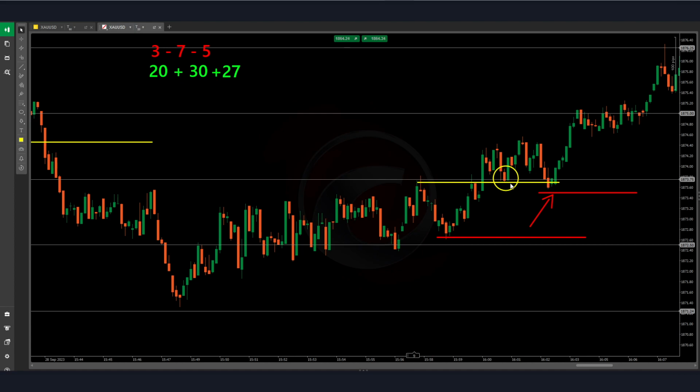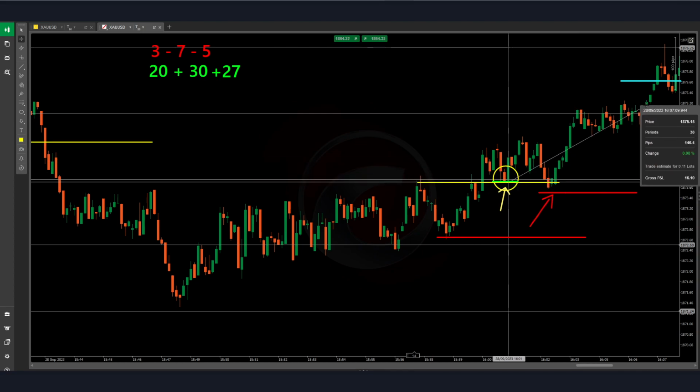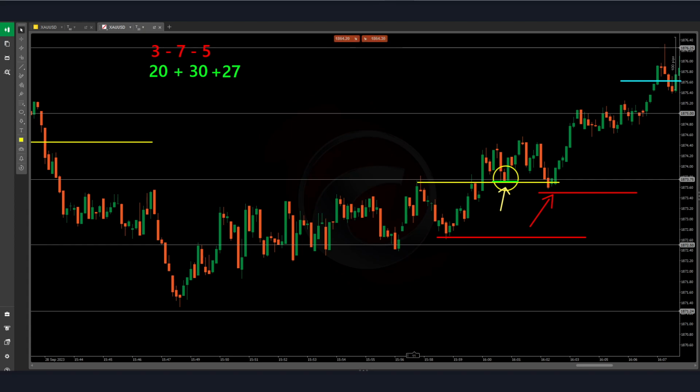We said that our entry was below at this level, at this candle. 20 pips into the impulse move makes a lot of sense to take, as you can see over there.